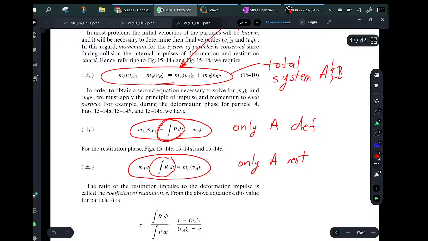Then what you do is you say, hey, I want to come up with an actual term called the coefficient of restitution, and I'll put them in here like so.